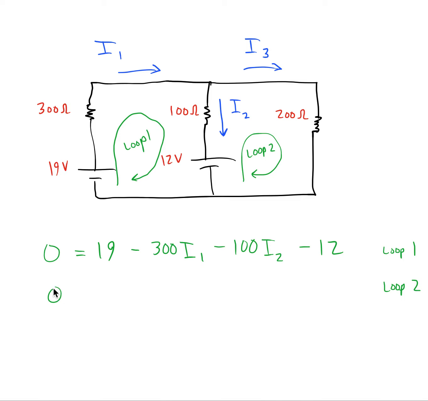For loop 2, and for our junction rule, we would have had I1 equals I2 plus I3.